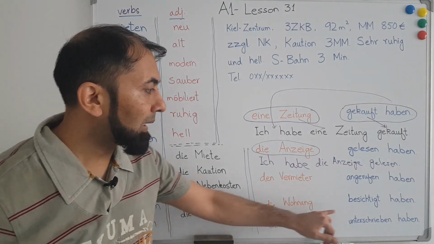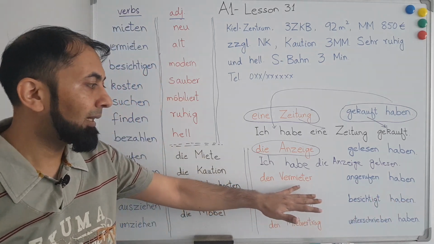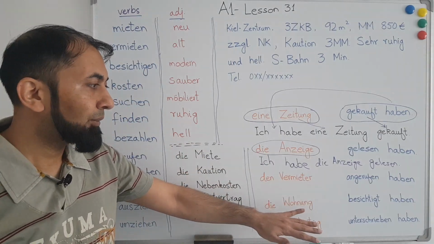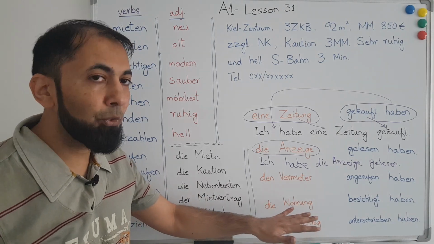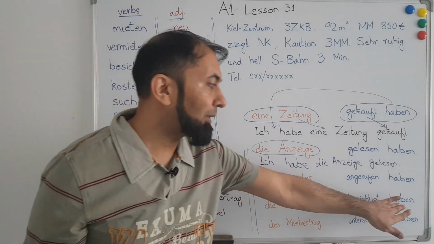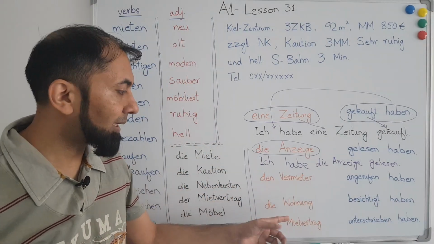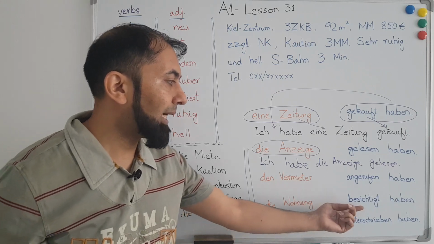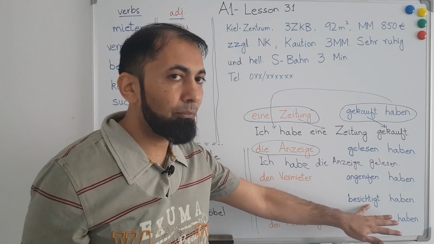Die Wohnung besichtigt haben. So after you have called the owner, you have set an appointment with him, and then you have viewed the apartment. So ich will come at the first position, haben will be conjugated according to ich, then comes the object, which is die Wohnung, and at the last position the participle zwei will come.